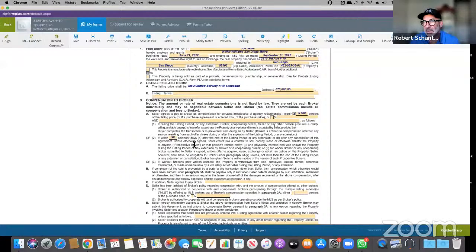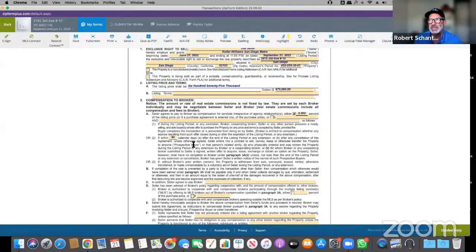The day after that listing expires, you have a duty to give a list to the seller of everybody that entered that property during the time you had that listing. That's why you keep track of every showing and every buyer and all the names that are coming through. And if that seller, after the listing cancels, decides to sell it to one of those buyers, we can still go back and claim that commission.